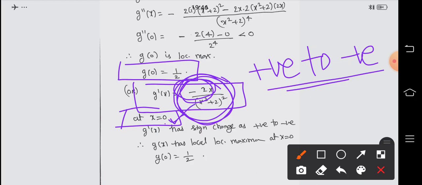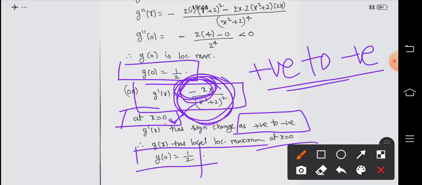After 0, positive will come, negative into positive is negative. So there is a change from positive to negative, so local maximum. Positive to negative means local maximum. That is one more method, the nature of the first derivative. Based on that, local maximum, that is g of 0, which is 1 by 2. Otherwise, you can do the second derivative test also.